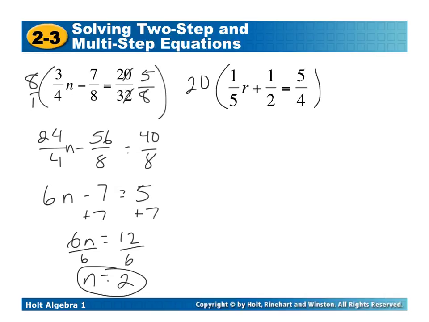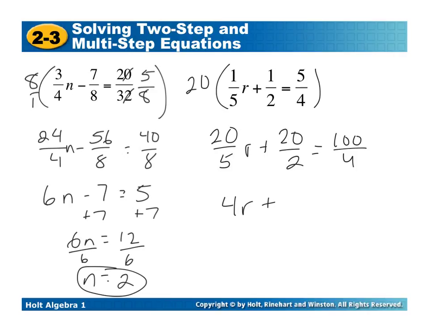everything by 20. So this becomes 20 over 5r plus 20 over 2 equals 100 over 4. Now by doing that, 20 divided by 5 is 4, so I have 4r, plus 20 divided by 2 is 10, 100 divided by 4 is 25.